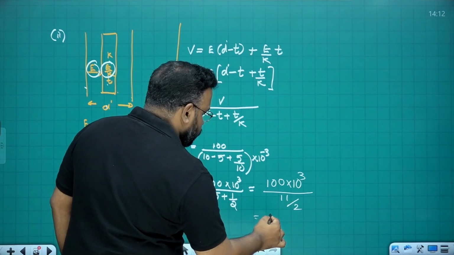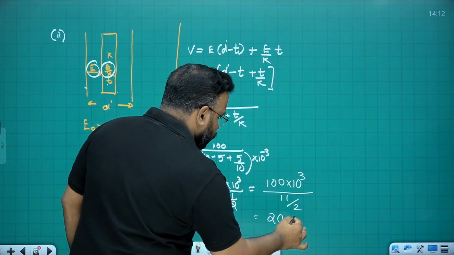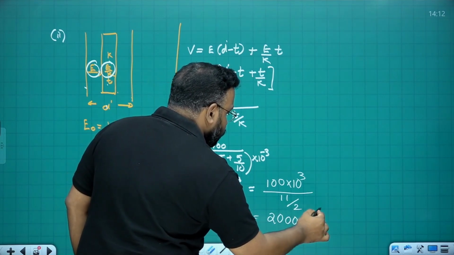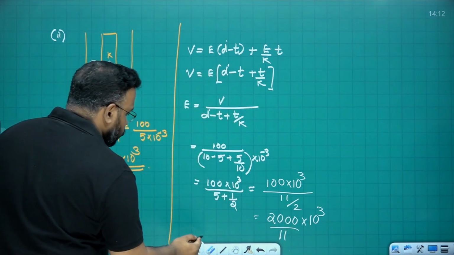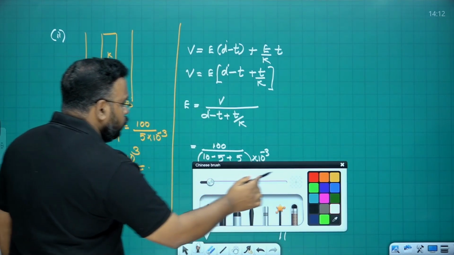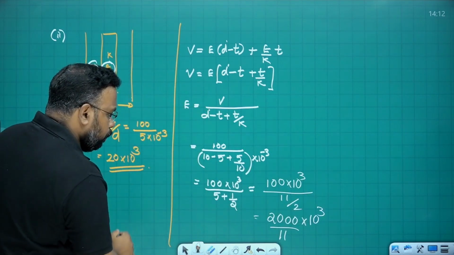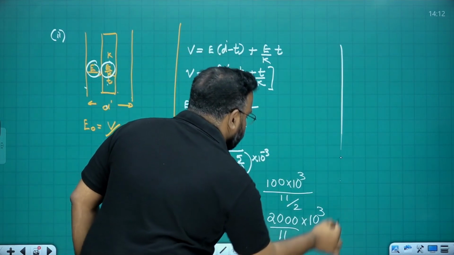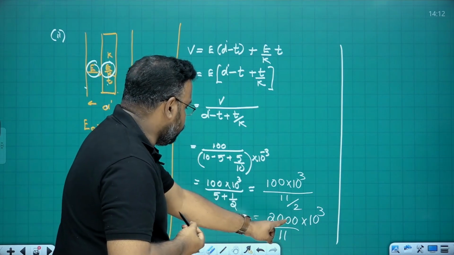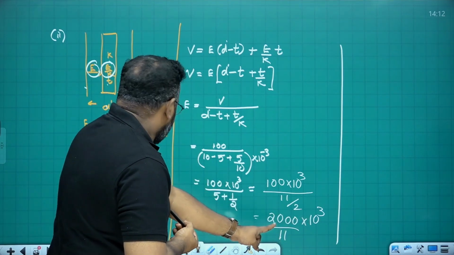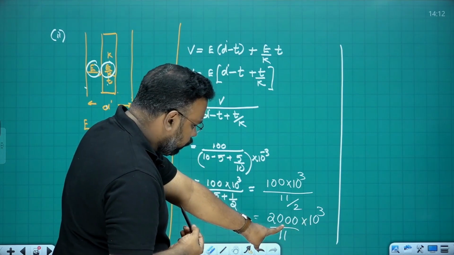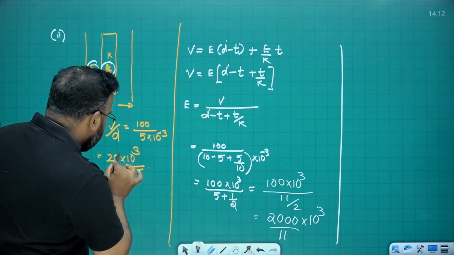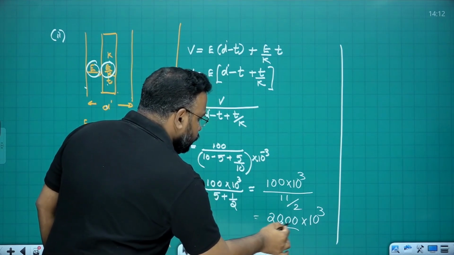So what we get is 200 into 10 to the power 3 divided by 11. You can see what our E naught value was. E naught is 20 into 10 power 3, so there is 20 and there is 10 power 3.